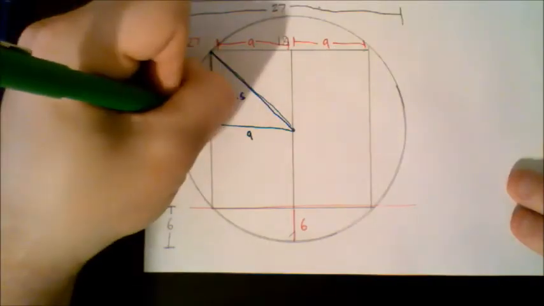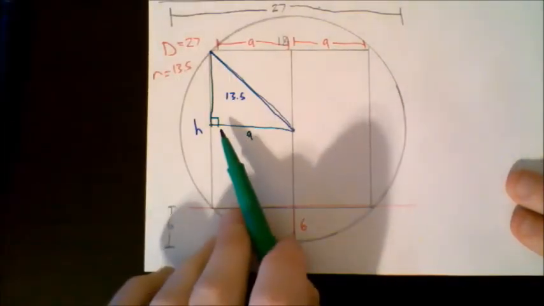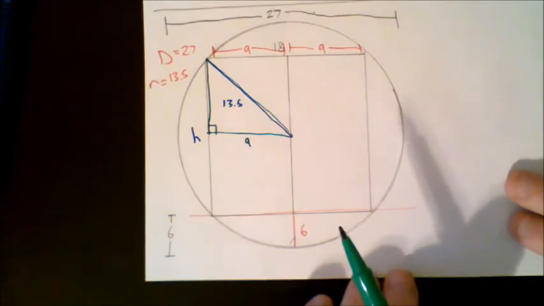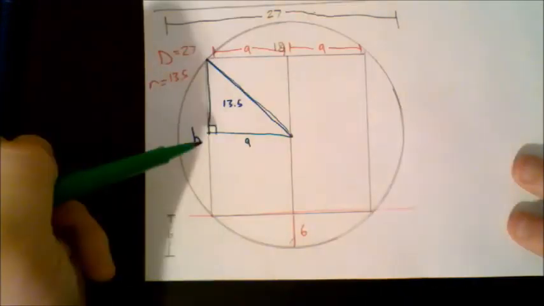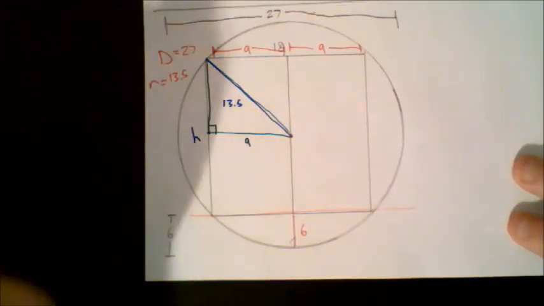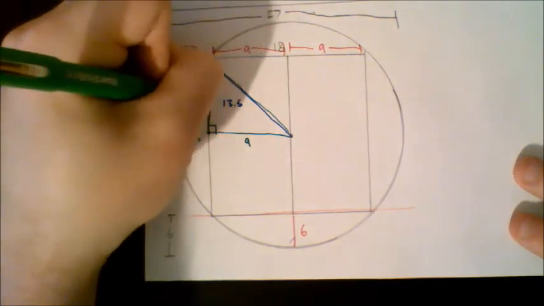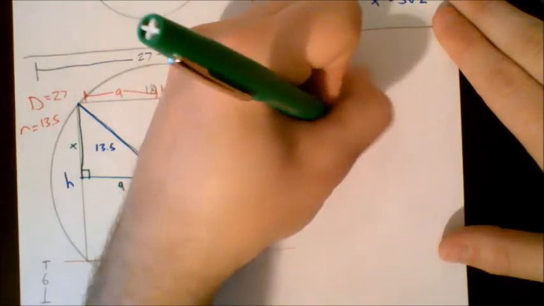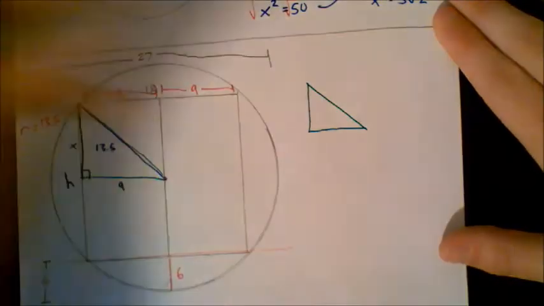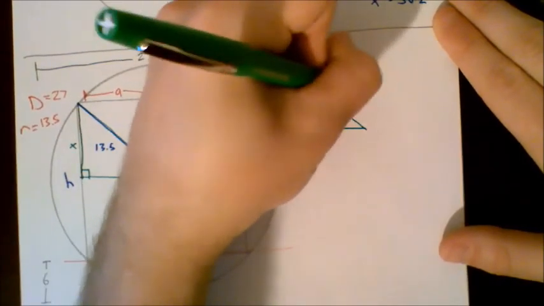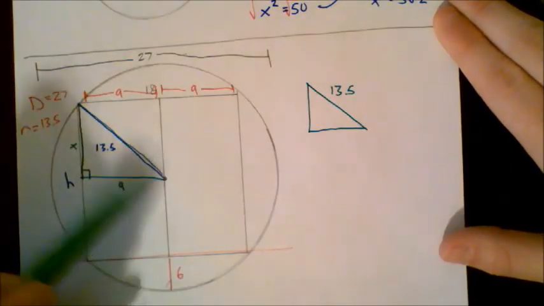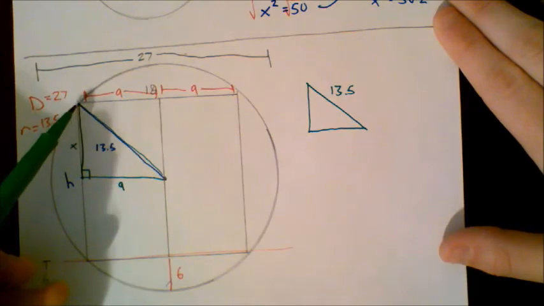Okay, I'm going to do that in such a way that we have a 90-degree angle, and what we have is just another Pythagorean theorem problem. So let's go ahead and call this side of the triangle x. All right, so let's just draw our triangle over here. So we have 13.5 from the center of the circle to the corner of the truck.